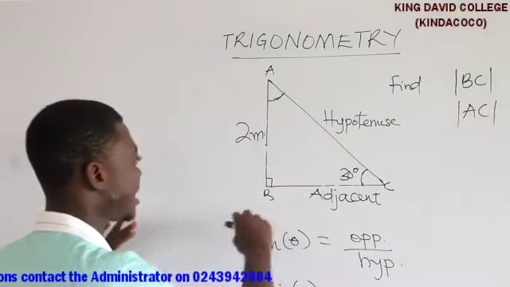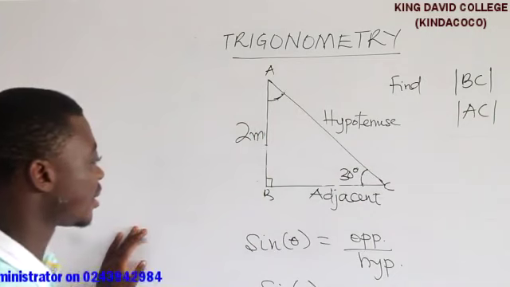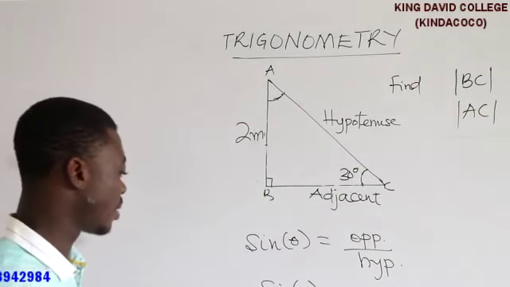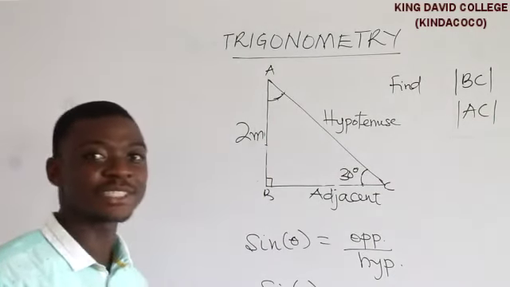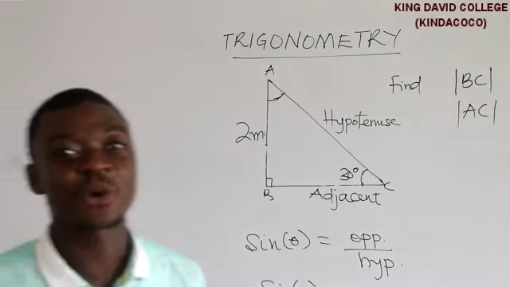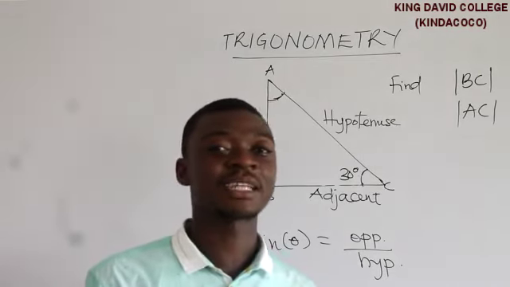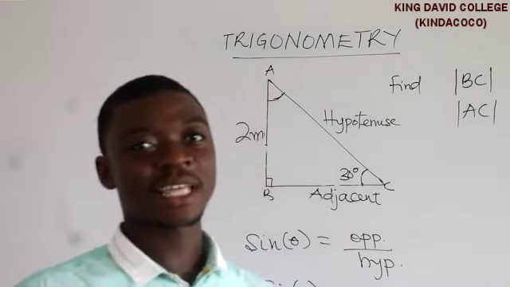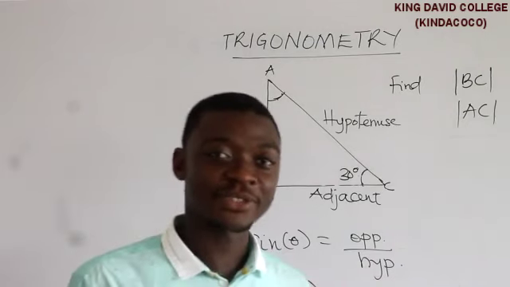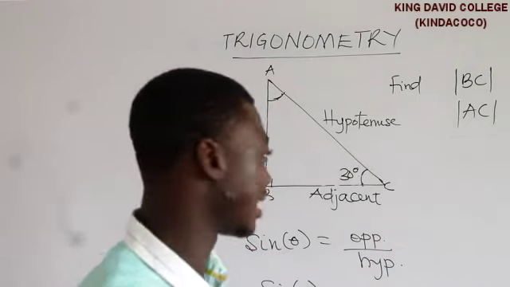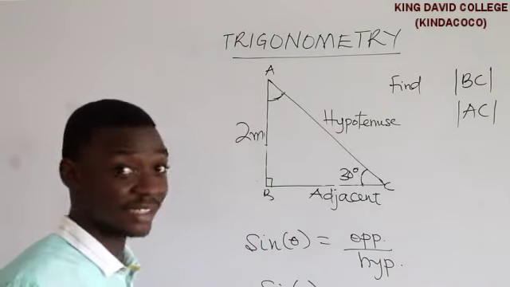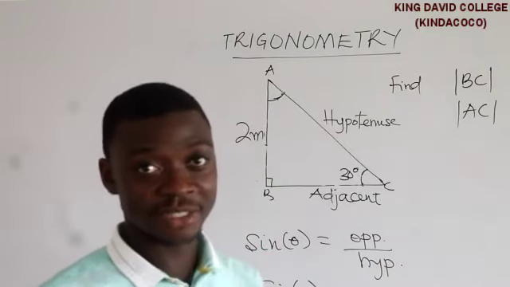Line BC is now the adjacent. With the hypotenuse now known, you can choose to even use cos, and you can even choose to use tan. Either way, you are going to get the answer, if your hypotenuse is right.